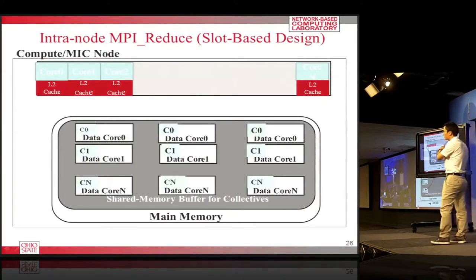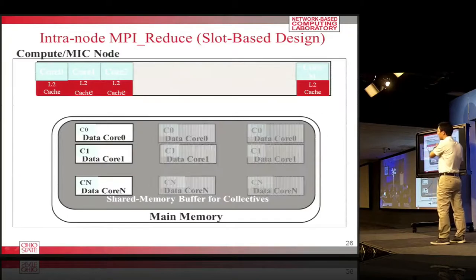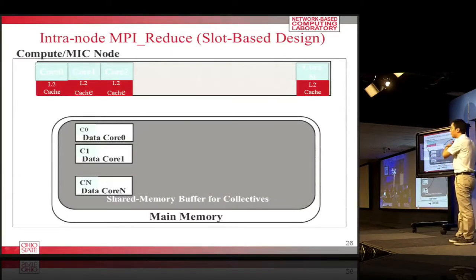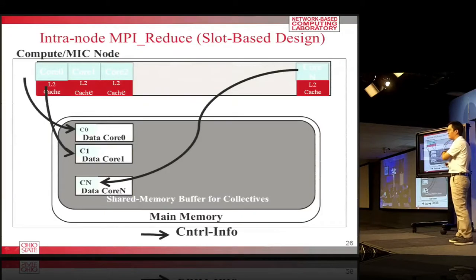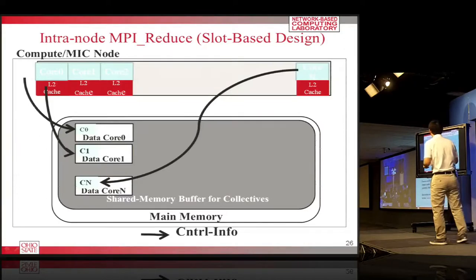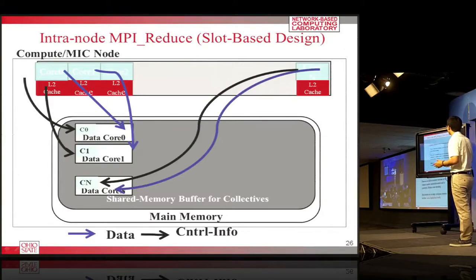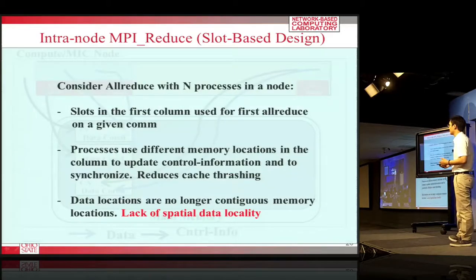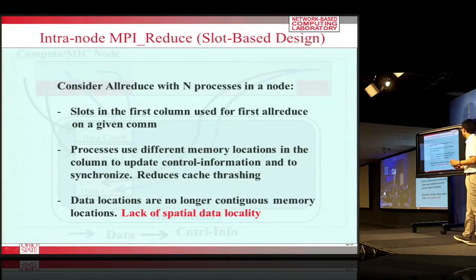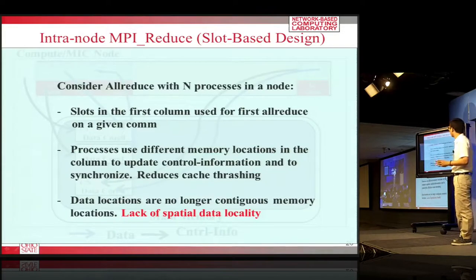The control information will be stored in column 1 in different rows, and the real data also stay in different rows. For this design, the processes use different memory locations in the column to update control information and to synchronize the status. This can reduce the cache thrashing, but the data locations are no longer continuous, so it will lack spatial data locality.